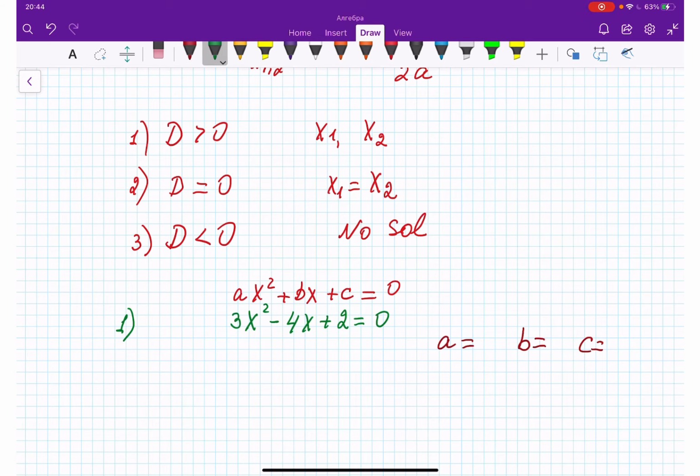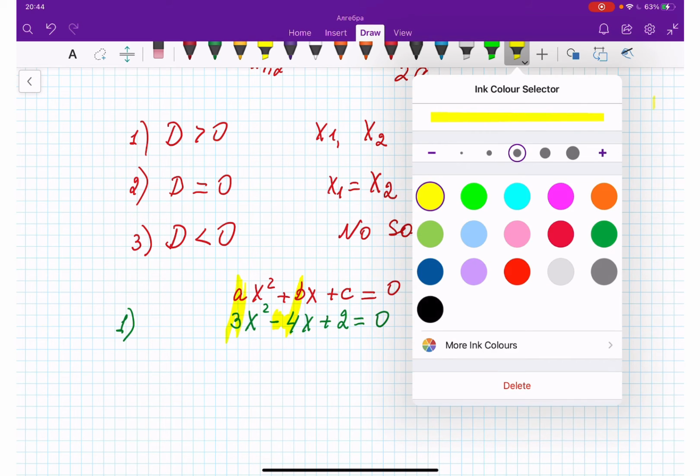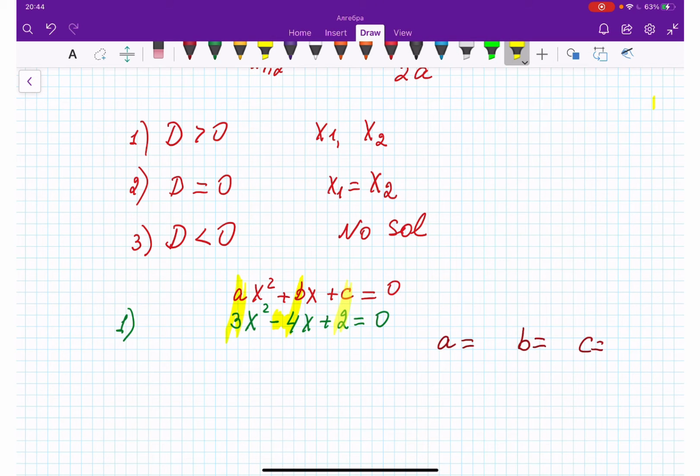Our a is 3, b is negative 4, and c is positive 2.